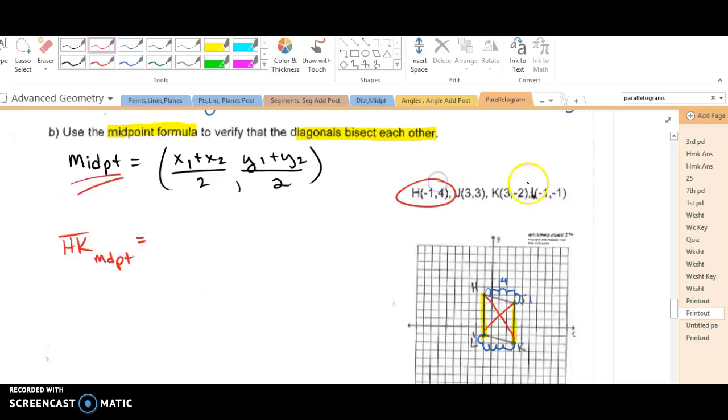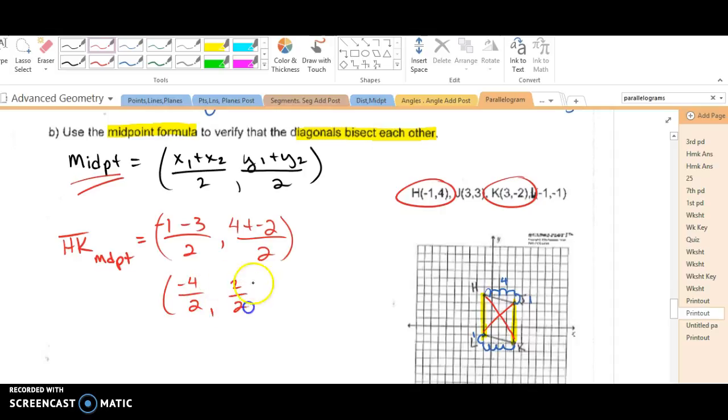H and K are the vertices I would use: -1 plus 3 over 2, comma 4 plus -2 over 2. And that does indeed give 2 over 2, comma 2 over 2, which would reduce to 1, 1.